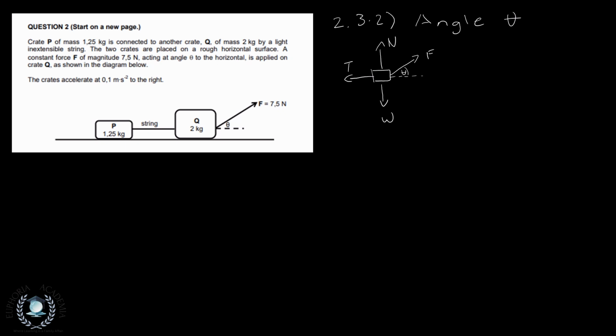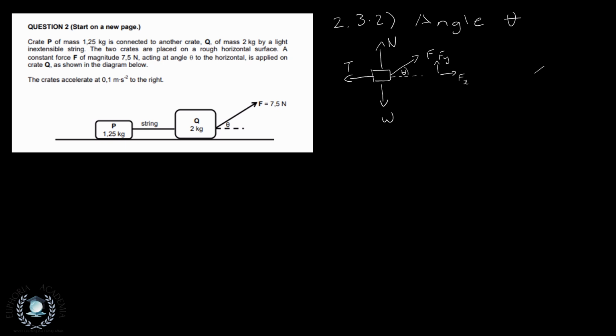Alright, but this force F also has components to it. So we're going to have an X component, and we're going to have a Y component for our force F. Alright, now this angle theta is theta to the horizontal.